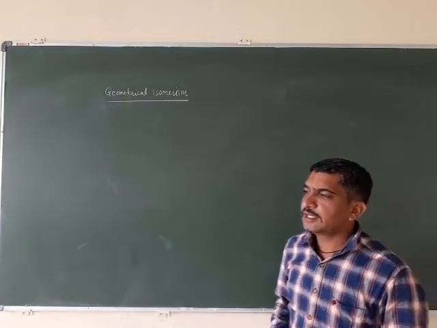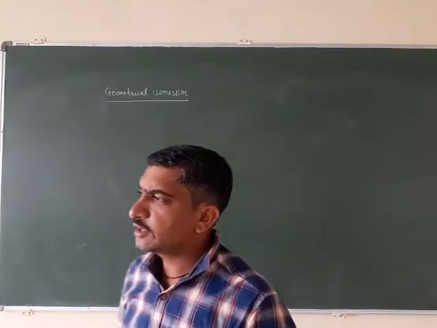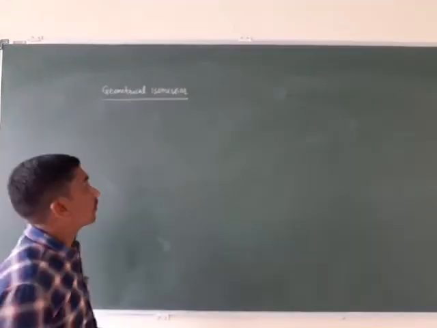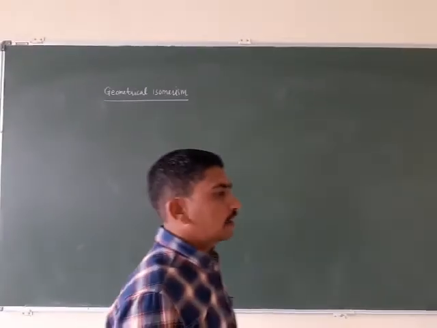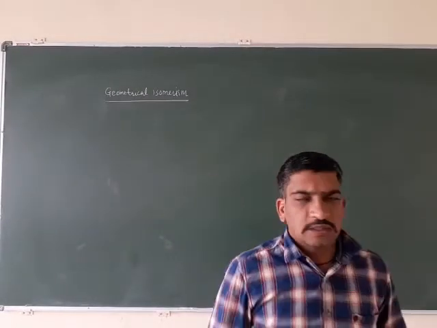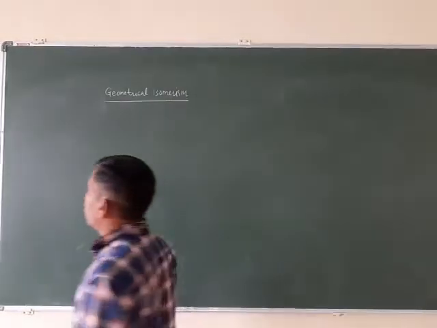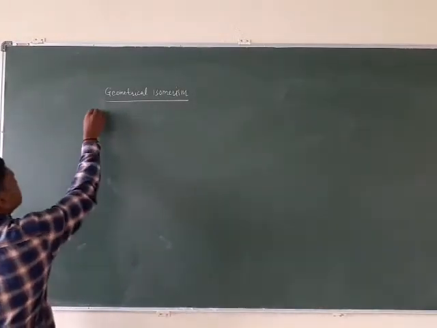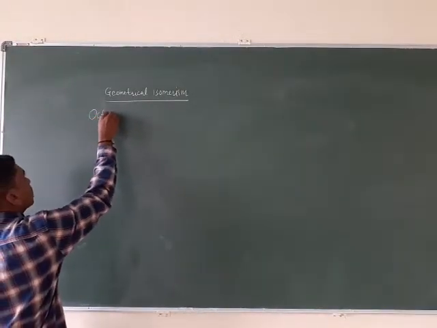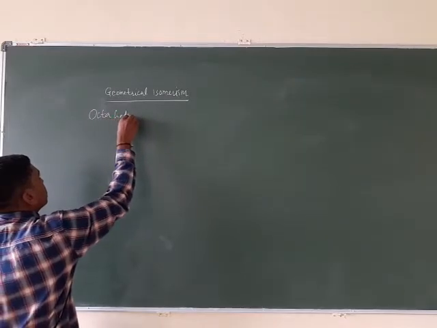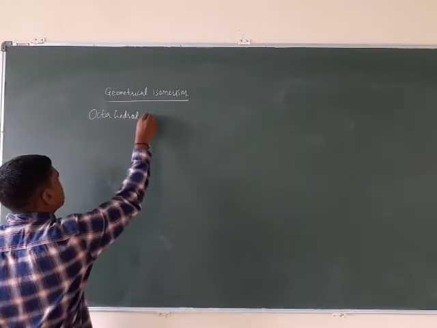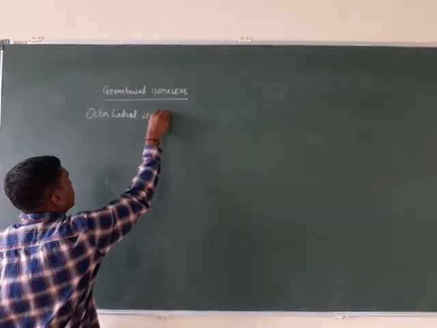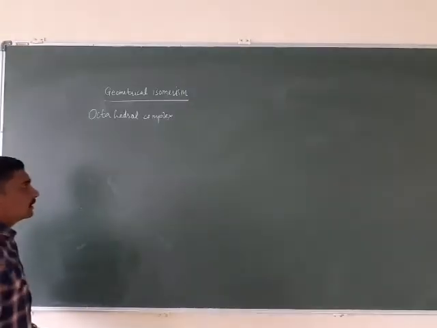And in the last lecture we have discussed the geometrical isomerism of square planar complexes, and we have discussed the octahedral complexes also. In case of octahedral complexes, I have told you that there are total 15 sides.